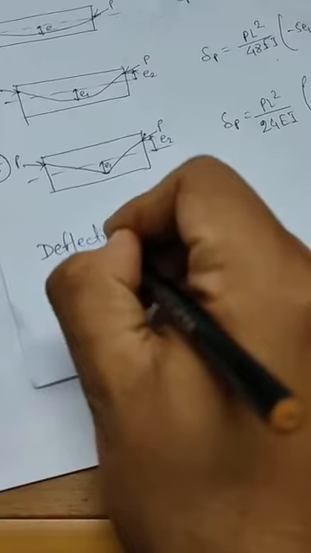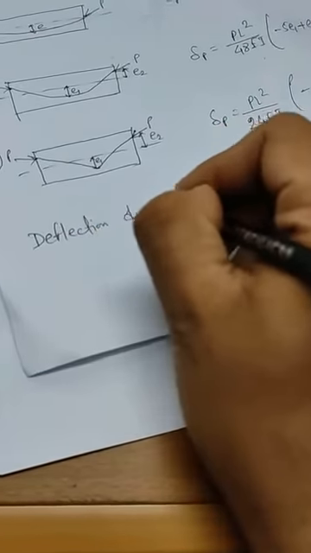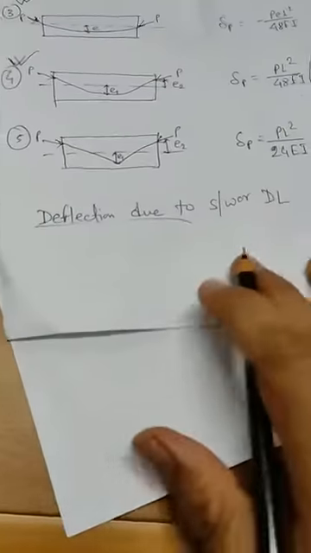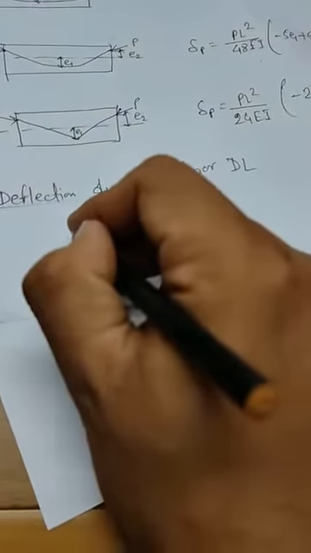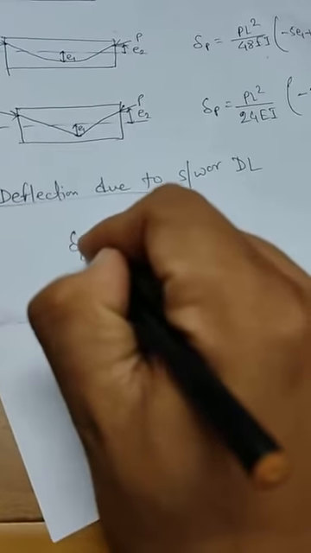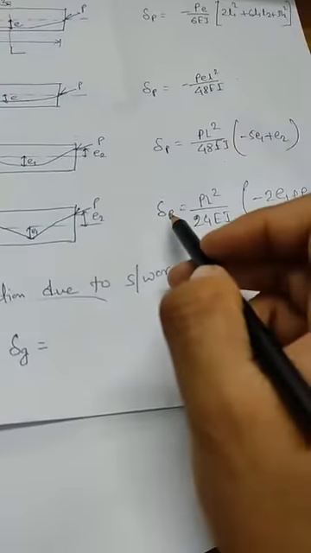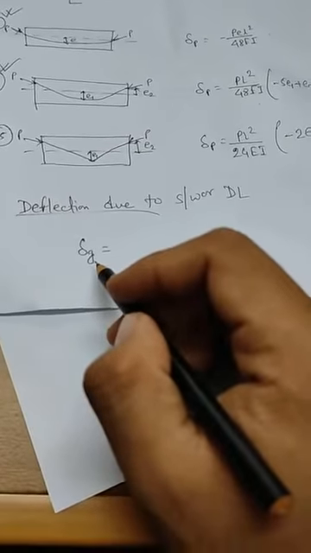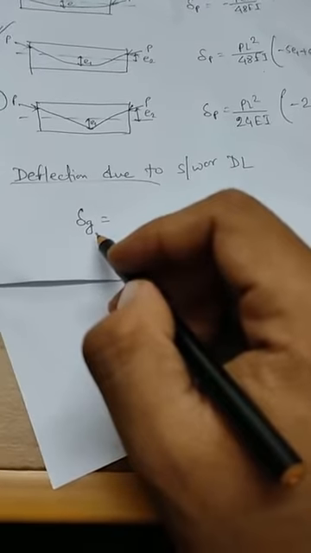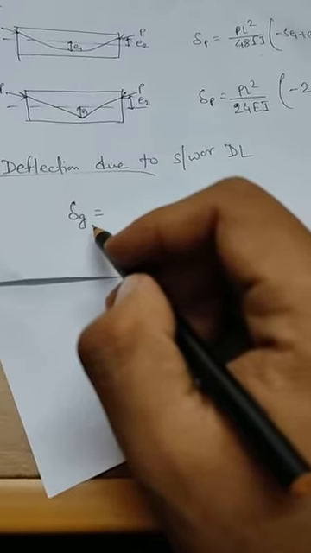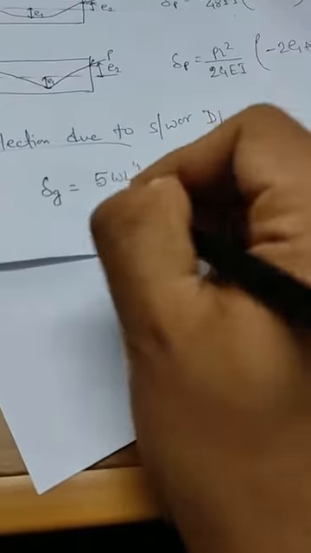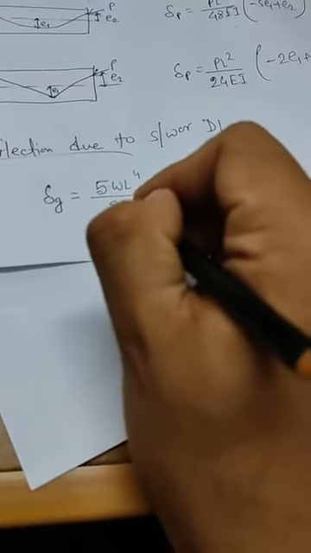Deflection due to self weight or dead load, we denote as del G. This is del P, because deflection due to prestress is del P, and deflection due to dead load or self weight of the beam or slab, whatever you can say, is del G, and the value is 5W L to the power 4 divided by 384 EI.